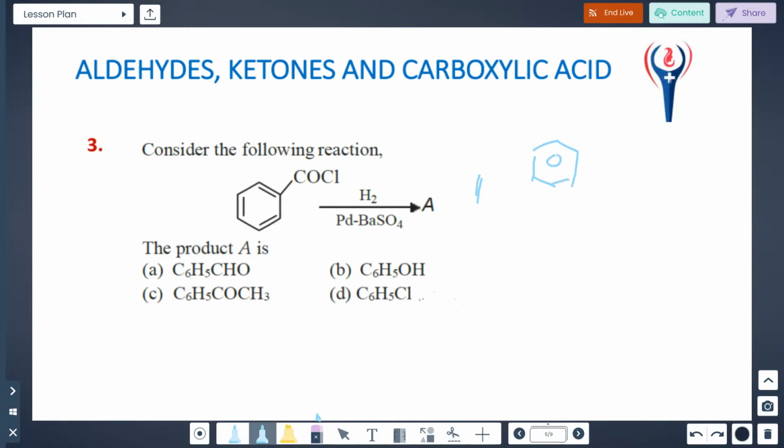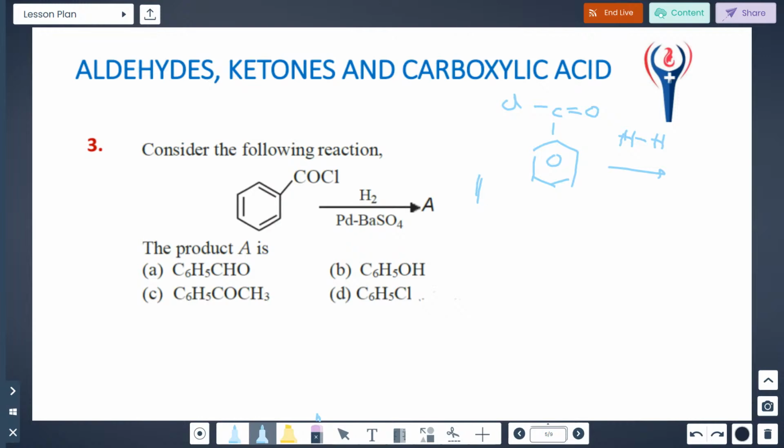So this is benzoyl chloride, C double bond O, Cl here. When it undergoes reduction, we should add what? Hydrogen. For our convenience we can write it like this, HH, understood?